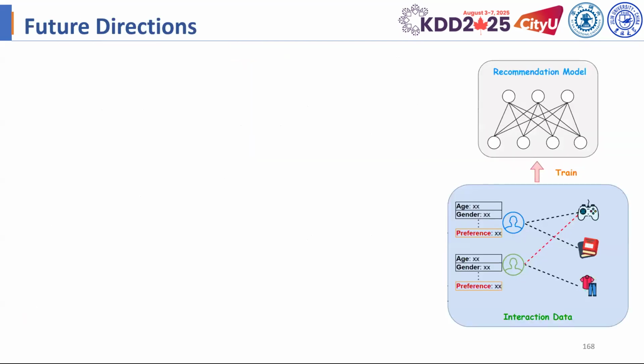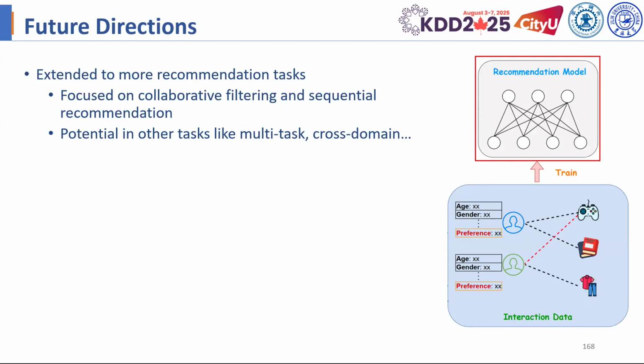Next, we want to share some insights on future directions for LLM-enhanced recommender systems. First, LLM can be extended to diverse recommendation tasks. Existing works have focused on revolutionizing several basic recommendation tasks.